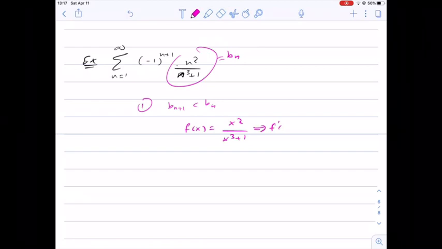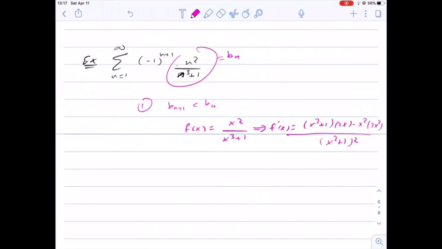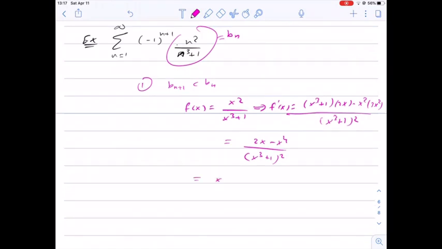It's x squared over x cubed plus 1, and find the derivative. The derivative is the denominator times the derivative of the numerator minus the numerator times the derivative of the denominator, all over denominator squared. Now simplifying, we get 2x minus x to the 4th over (x cubed plus 1) squared, and this is x times (2 minus x cubed) over (x cubed plus 1) squared.